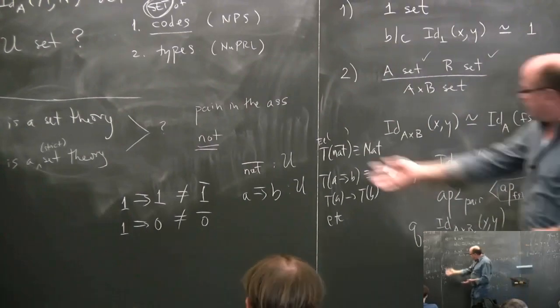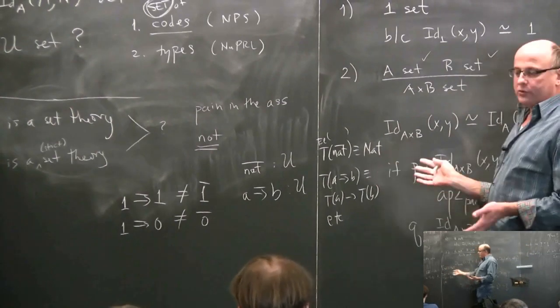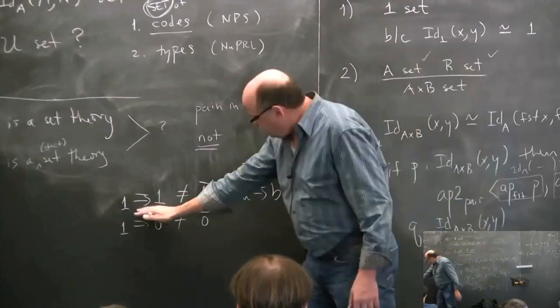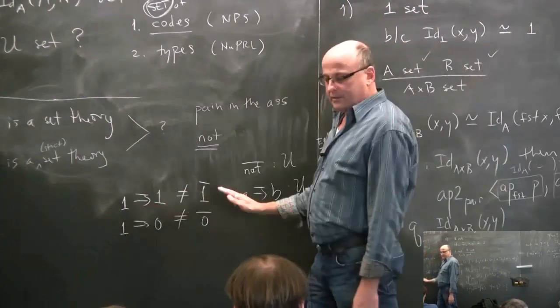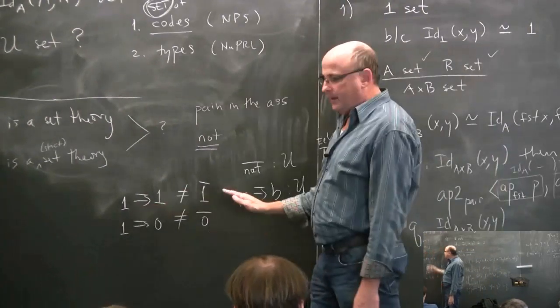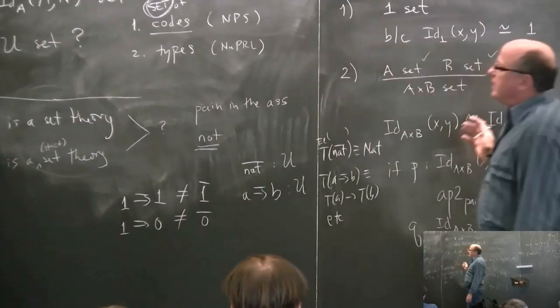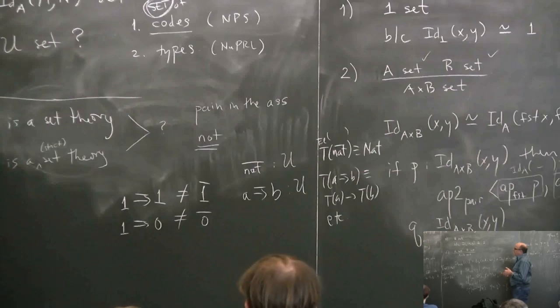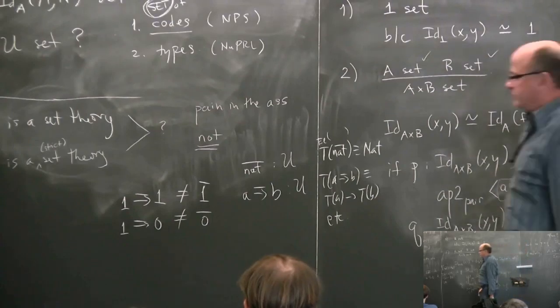You have an eliminator that lets me decode the codes, and everything's fine except that there's no equations like this. Whereas in, like, the NuPRL type theory, we decided that types were PERs, and one interpretation of the universe is to say that equality there means they have the same PER, partial equivalence relation over untyped terms.